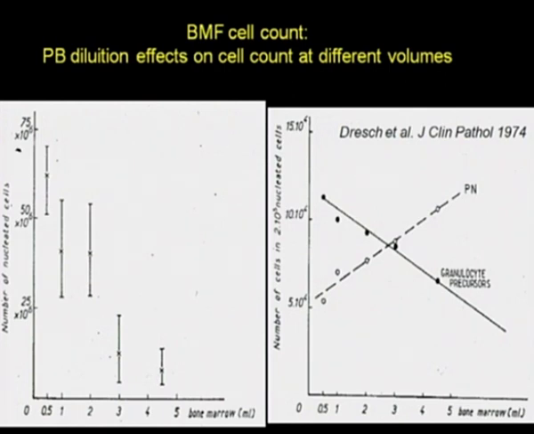This part is very interesting because if you increase the milliliters of the bone marrow aspirate collected, you see this is the number of segmented cells, the polymorphonuclear neutrophils. And so you see that when you increase the aliquot of bone marrow aspirate, you increase the contamination with peripheral blood.